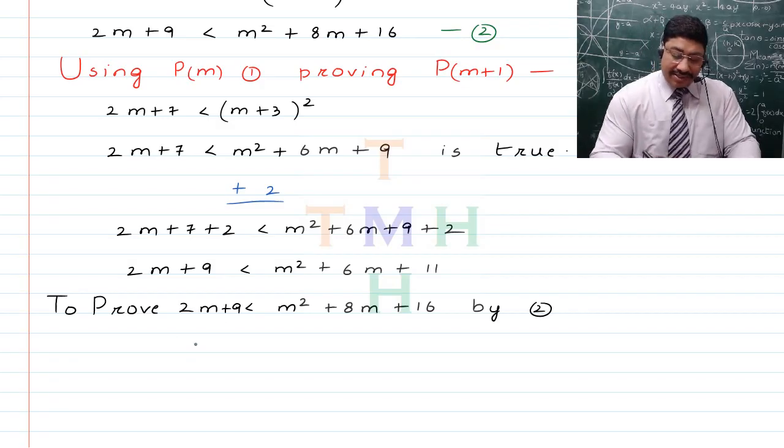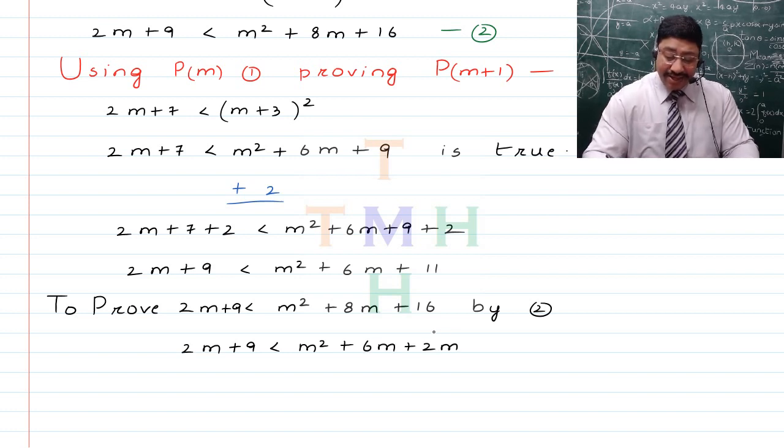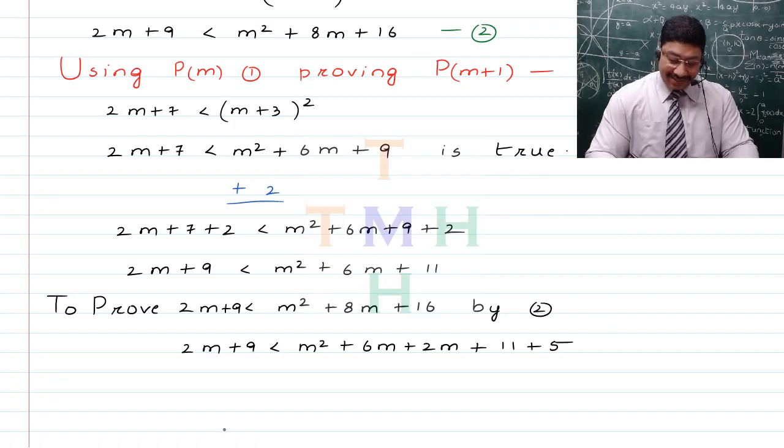Okay, so next, on the left hand side there is not going to be any change as we have 2m plus 9, but on the right hand side we can make a few changes, as here we have m square plus 8m, and we just required 6m, so 2m is more, so we have m square plus 6m, to which 2m more can be added so that it becomes 8m. Now further here we require 11, but we have 16, so we're going to write plus 11, to which we add 5 to make it 16, right?